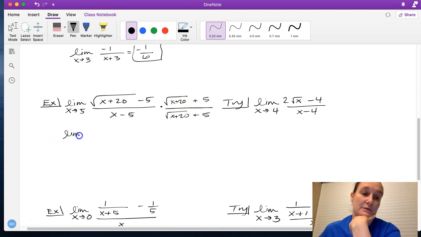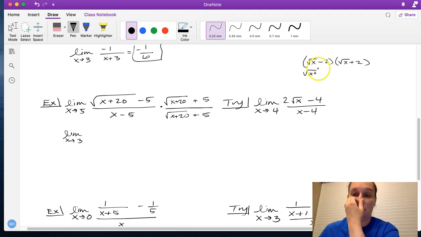The reason why we multiply by the conjugate is because, here, I'm going to do a simple one off to the side because I don't want to show all the algebra. Let's say we multiply this by its conjugate. If you FOIL that out, you get the square root of x squared, square root of x times square root of x. 2 times the square root of x is 2 square root of x.